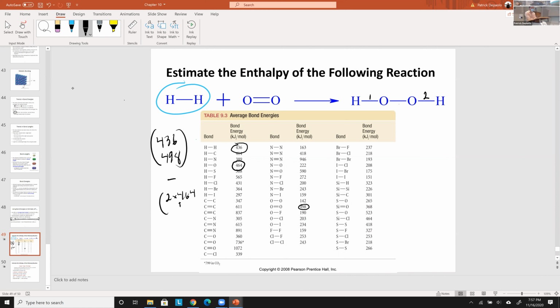This kind of looks like glasses. Draw a nose, smiley face. Okay, so we have an O-O single bond, and that's going to be 142. So does that make sense on how I got that? Bonds broken minus bonds formed.